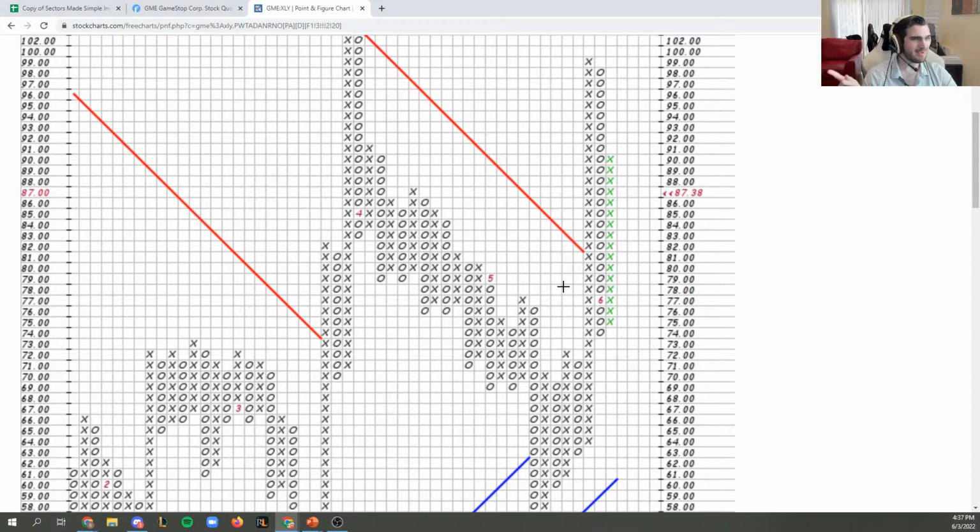But GameStop is even more so. And this chart illustrates that perfectly. So relative strength not only shows that trend, short-term direction and long-term trend, and the relationship between the two securities, but also the volatility between those securities.